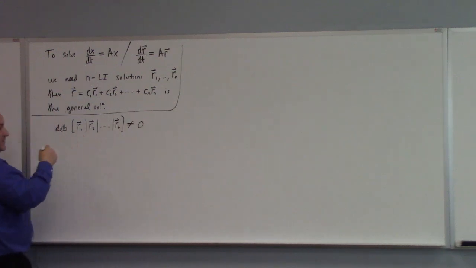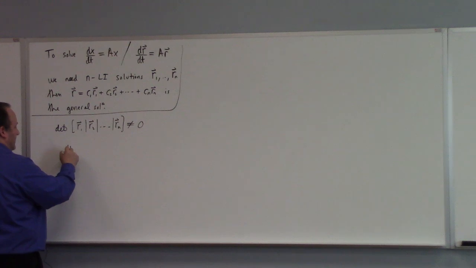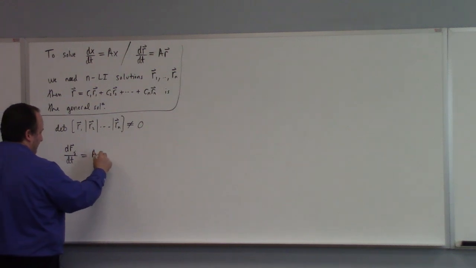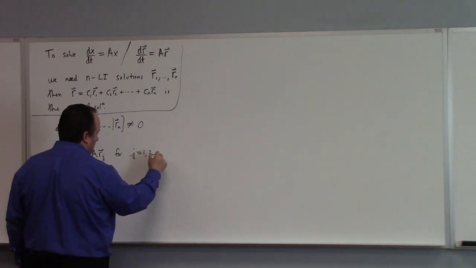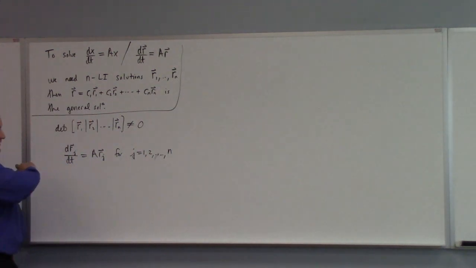This we need for linear independence of the solutions. All right? And also, check this out. If we have dRj/dt = ARj for j = 1 to n, right? So suppose that we have n solutions, okay?